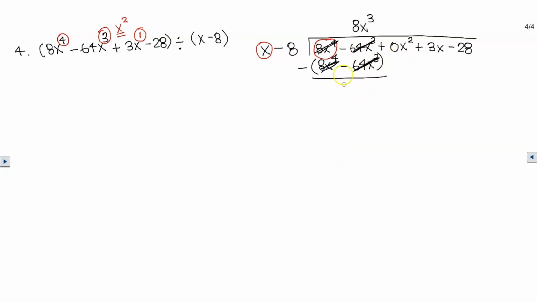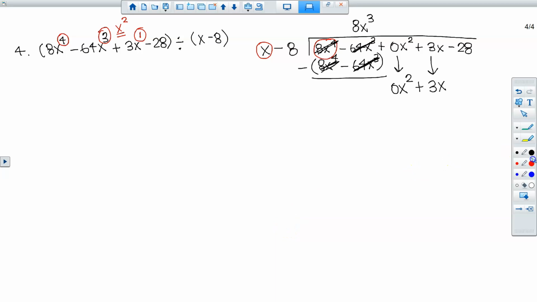So you have nothing over here. So you are going to bring down 0x squared. And then I would also go ahead, if I were you, and bring down this plus 3x. So this is a little different. We haven't seen this before.